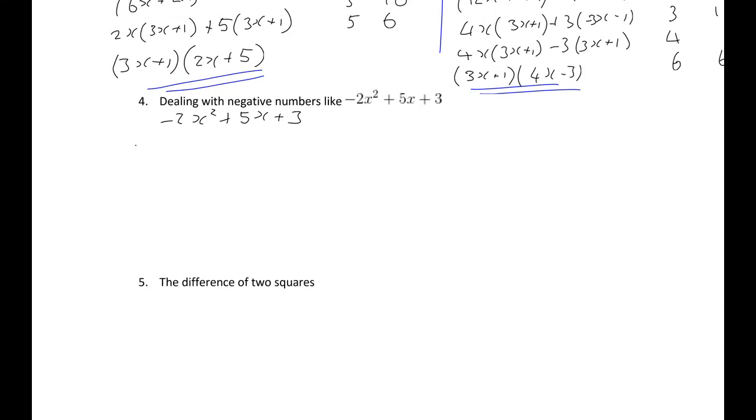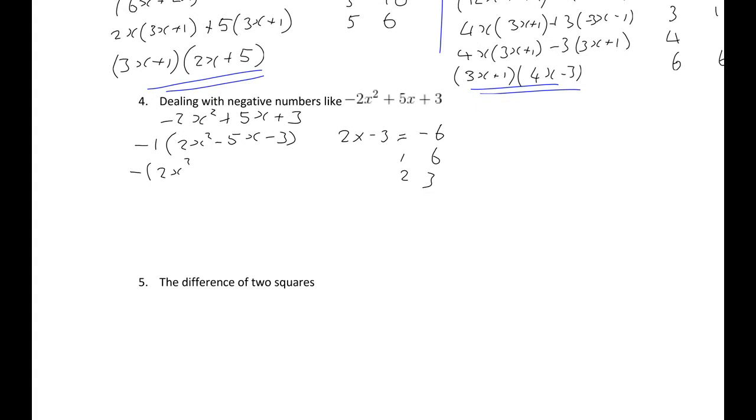All we do is bring a minus 1 to the outside. Okay, so this becomes 2x squared minus 5x minus 3. Right, next step, we always do that times that, so 2 times minus 3, which is minus 6. It's a minus, so we're going to take away: 1 and 6, 2 and 3. We want to get minus 5: 1 minus 6.